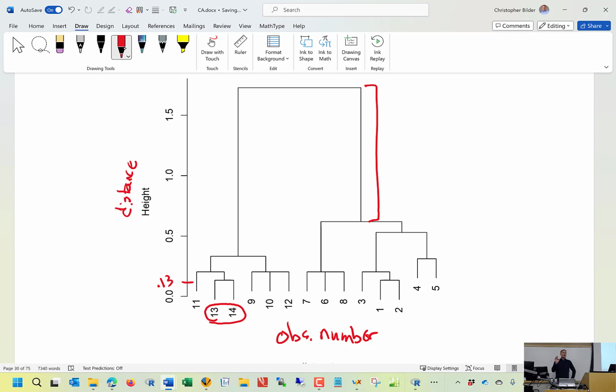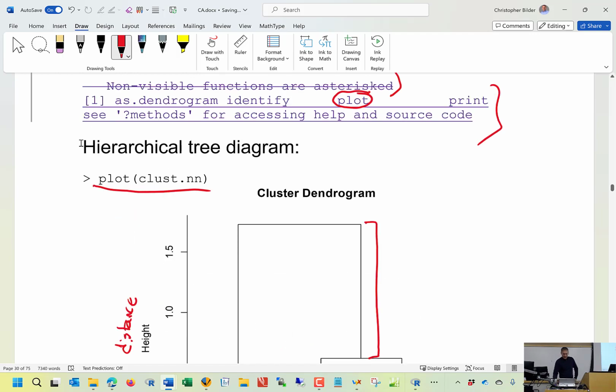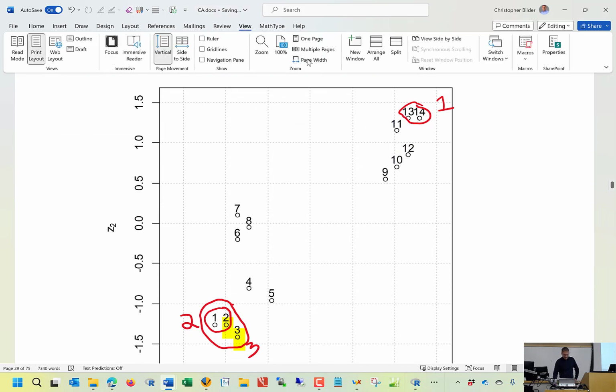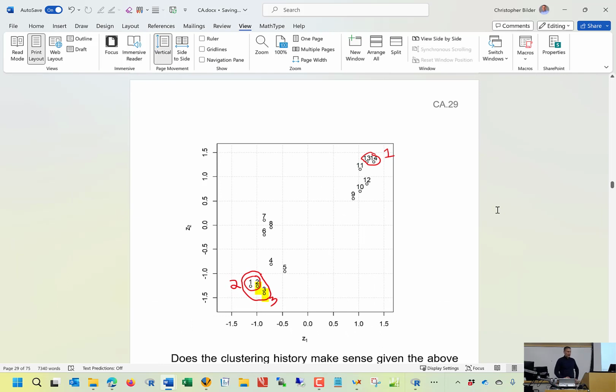And so because of that, I probably want to stop with just two clusters. And if we go back here, now, let me make that smaller. That should make sense. What we see here is perhaps two clusters.